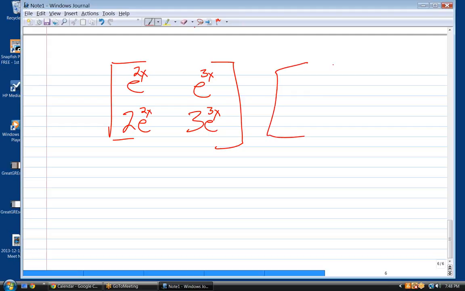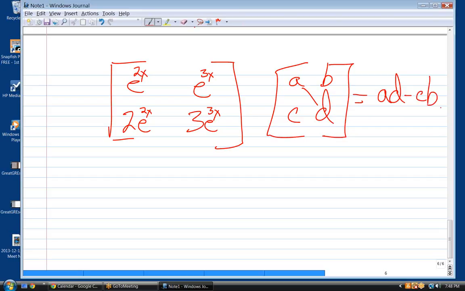Okay. The determinant of that is A times D minus C times B. A 2 by 2 is always that.